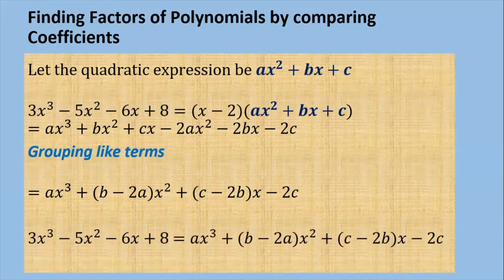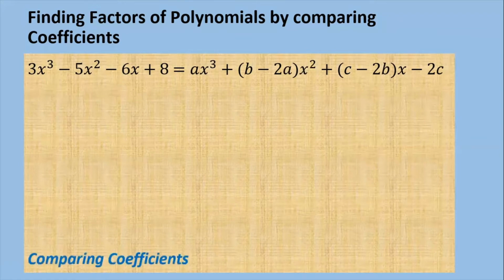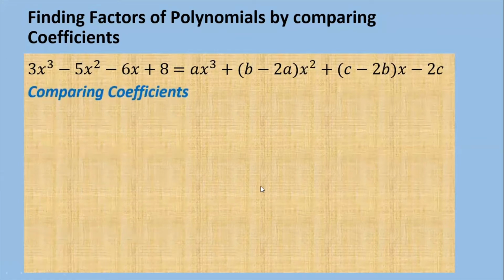So we have rewritten the 3x cubed minus 5x squared minus 6x plus 8 as ax cubed plus (b minus 2a) times x squared plus (c minus 2b) times x minus 2c, right? Now we will compare coefficients. Okay, what are we going to compare? Right, here we have 3x cubed and here we have ax cubed.